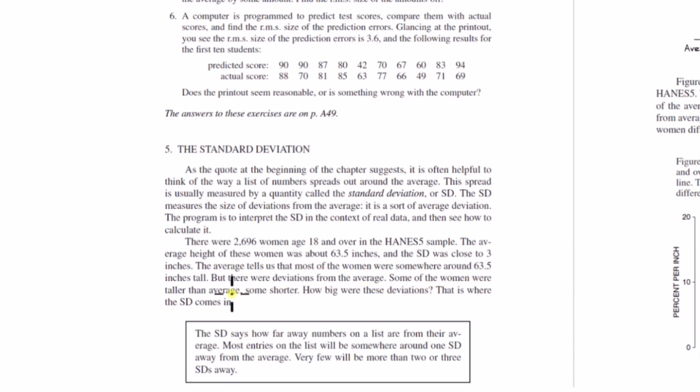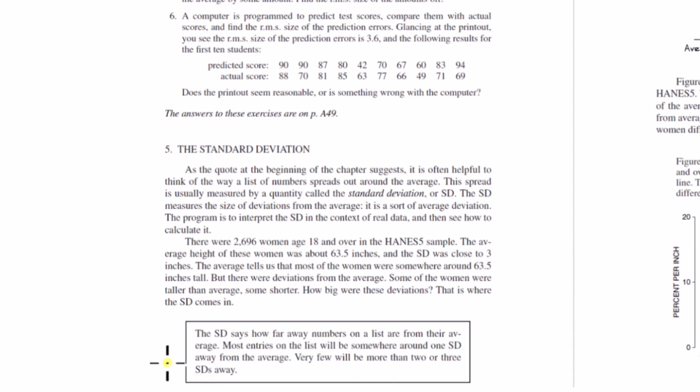Some of the women were taller than average and some were shorter. How big were these deviations? That is where the standard deviation comes in. The standard deviation says how far numbers on a list are from their average. Most entries on the list will be somewhere around 1 standard deviation away from the average. Very few will be more than 2 or 3 standard deviations away.